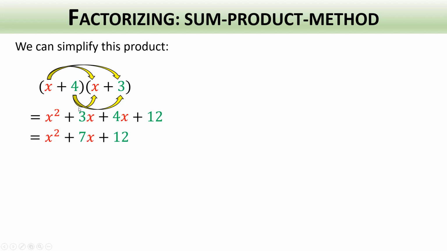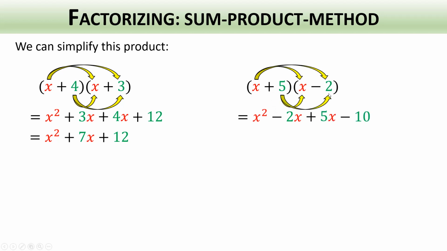And it's useful to note what happened to this 4 and 3. In this term, we added 3x and 4x, and we got 7x. So we took the sum of 3 and 4 and got 7. And in this term, we multiplied 3 and 4 and got 12. Similarly, for this formula, we get x squared minus 2x plus 5x minus 10.